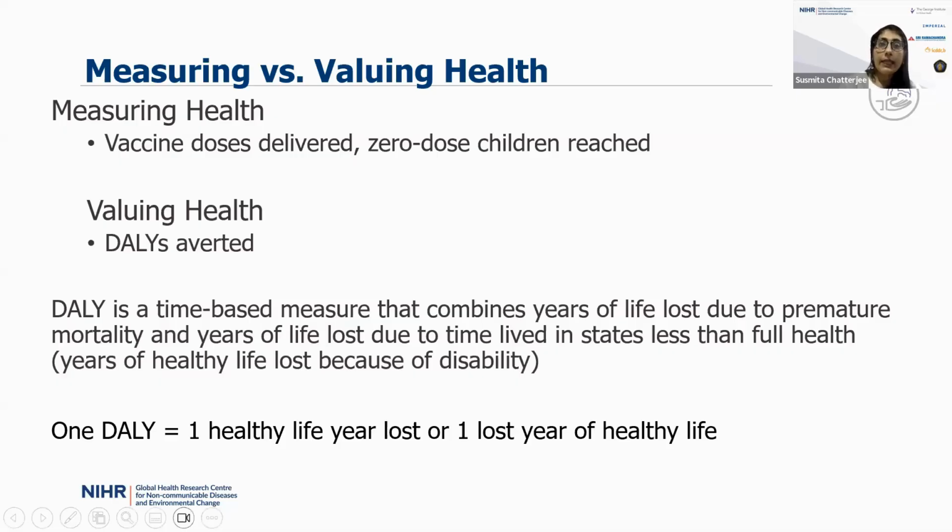If you are thinking about this long-term outcome like DALY, then you have to value health. It's not very simple that you get 1,000 doses delivered. It's not that. You have to value the life of the child, right? So it's up to you whether you are going for a long term or short term. If you are going for a long term, you have to value these things based on your intervention.